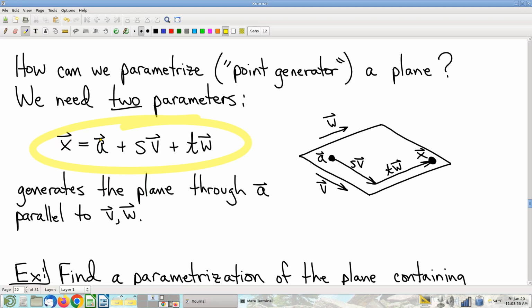And short version of the answer, and of course you're welcome to come to office hours if you want further details, but what you're going to have to do is put restrictions on what the values of S are that you want, and what the values of T are that you want. And if you restrict the values of S and T appropriately, then you can turn this general plane parameterization into just a parallelogram.